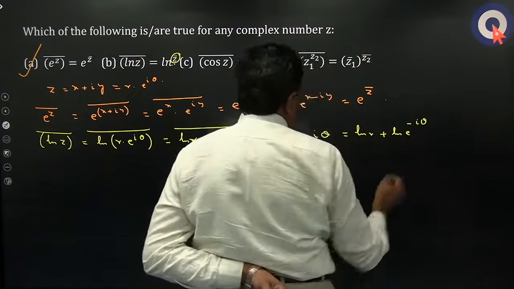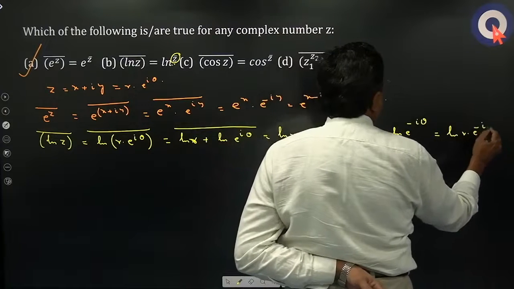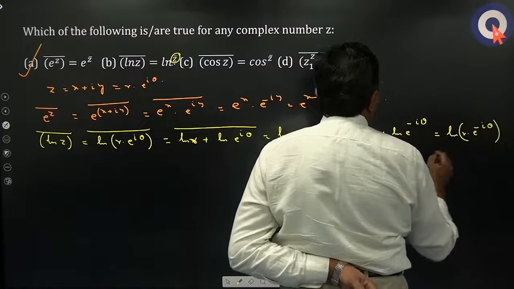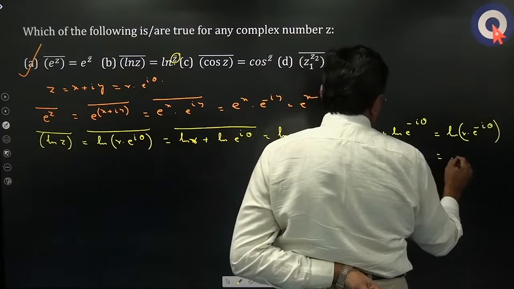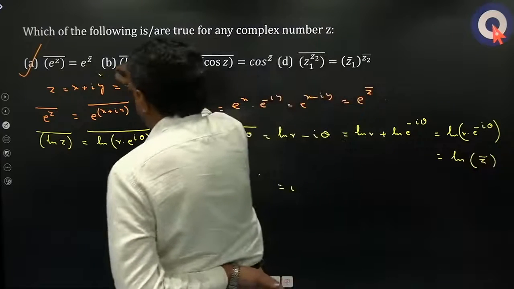We can write this as ln of r into e power minus i theta, which is nothing but ln of z bar. So even this is correct.